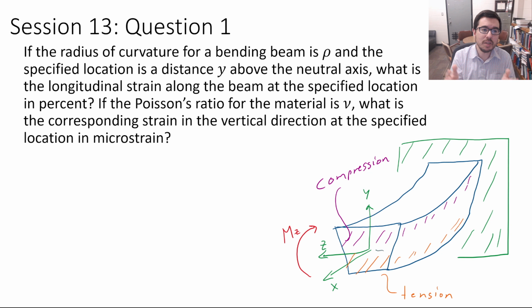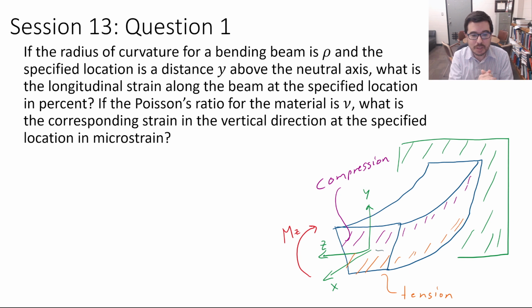Now, if we have a Poisson's ratio for the material, say nu, what is the corresponding strain in the vertical direction? That's going to be related to a negative Poisson ratio times that longitudinal strain.